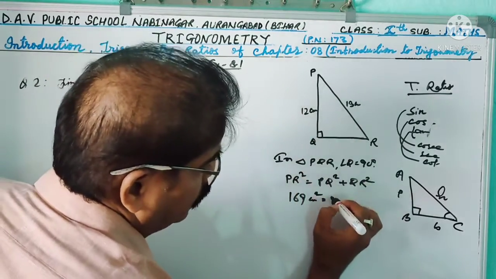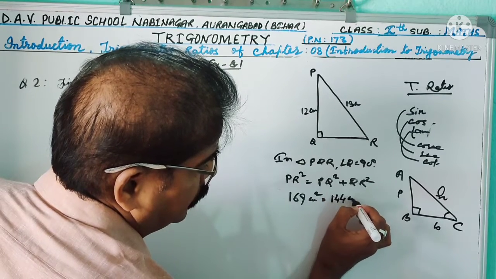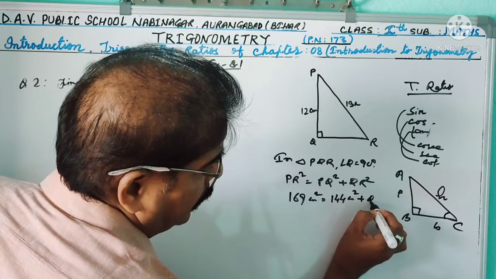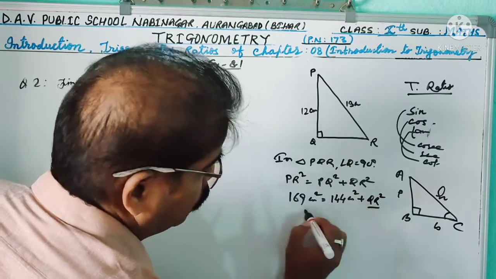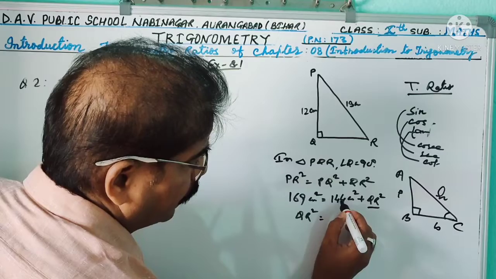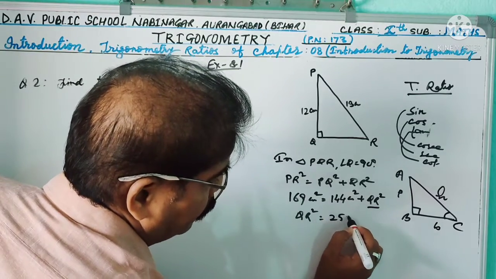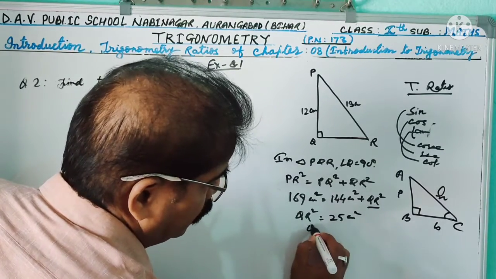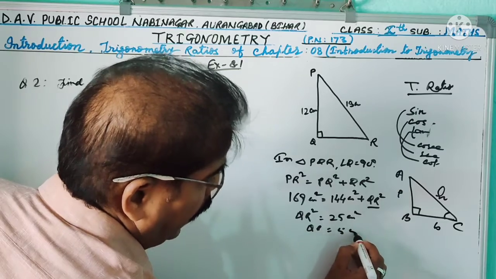PQ equal to 12 centimeter, 12 square is 144 centimeter square plus QR square. So QR square equal to 169 minus 144, that is 25 centimeter square. So QR equal to 5 centimeter.